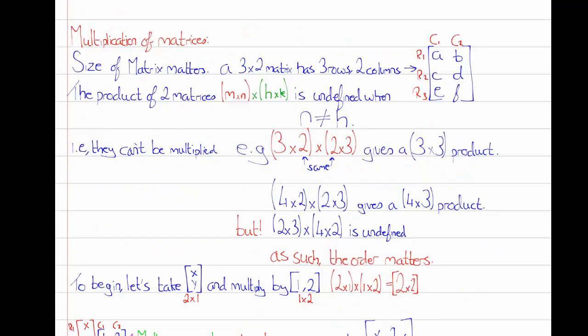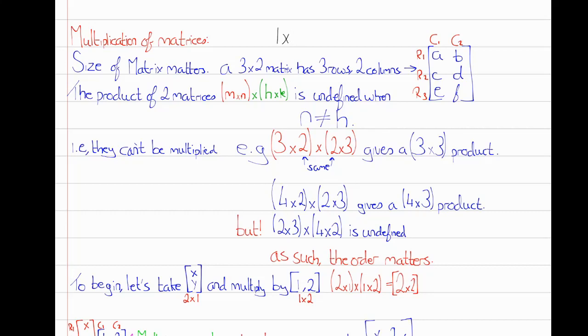With multiplication of matrices, what we need to know is that we can't simply multiply any type of matrix with another type of matrix. Of course, the same does apply for addition. But we must have a situation where if we're multiplying a matrix that is of size n by n with another matrix that's of size h by k, we have to have n equals h.